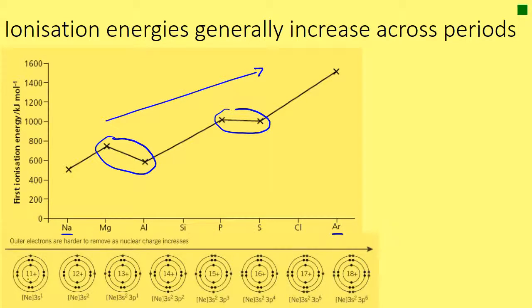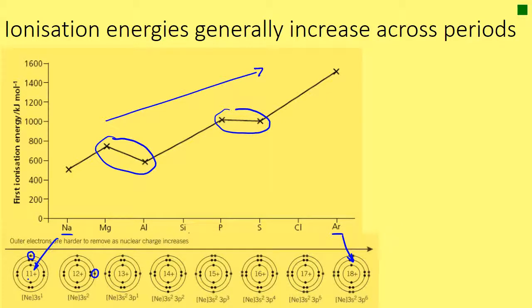We've got 11 protons in sodium, and we've got 18 protons in argon, but we're only removing an electron from the same shell. All right, so that electron that I've just ringed there in sodium is the electron that we would remove for the first ionization energy of sodium, and let's say it's this one.